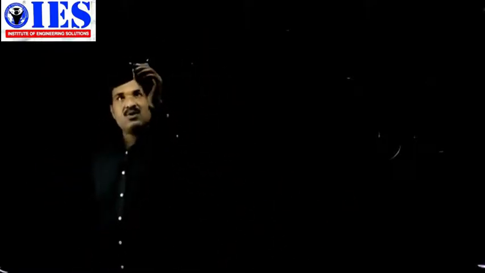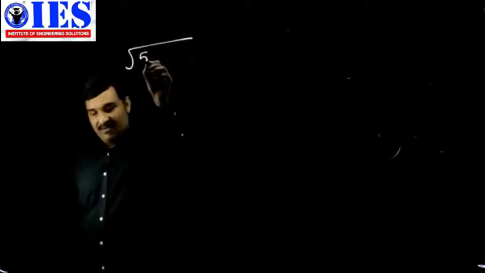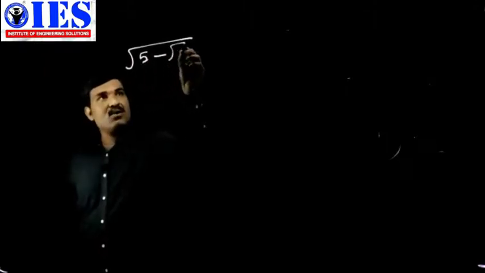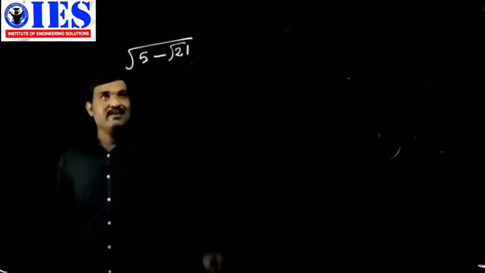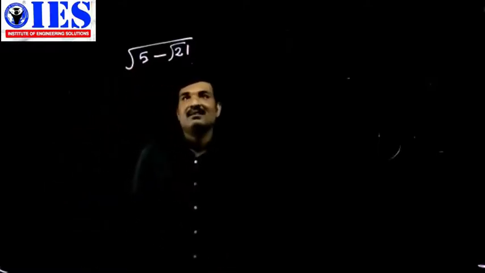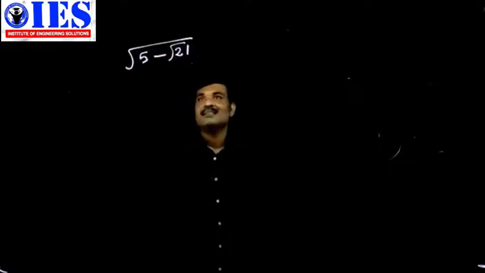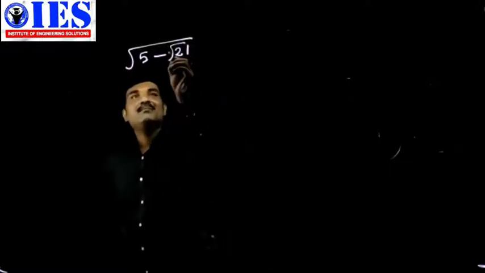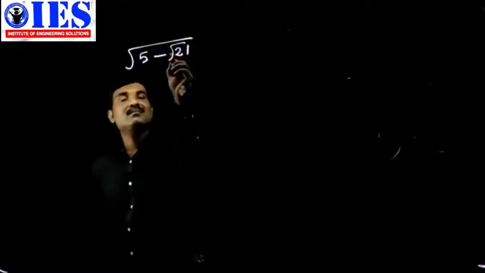Now I am going to write another problem. Simple problem: square root of 5 minus square root of 21. We want to simplify this. Now there is no term before this 21, so we want a 2 here.